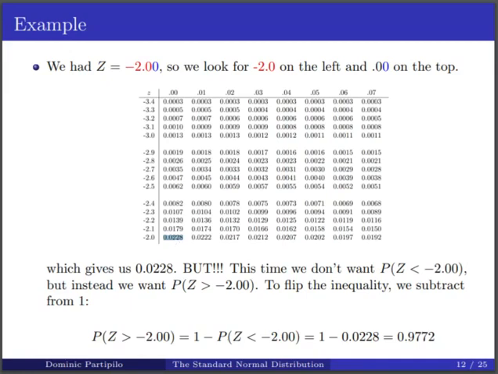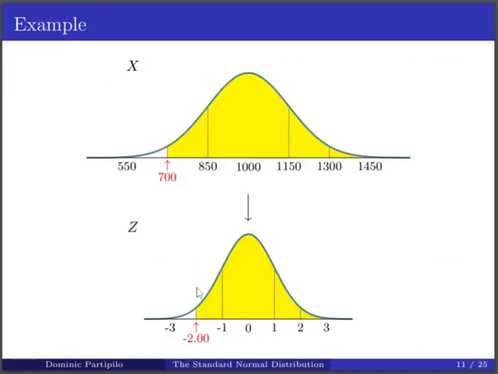But we have to be careful here because what we just looked up is the probability that z is less than negative 2, which in this case is this white tail right here. But what we're actually interested in is this yellow area here, which is the opposite of this white tail.